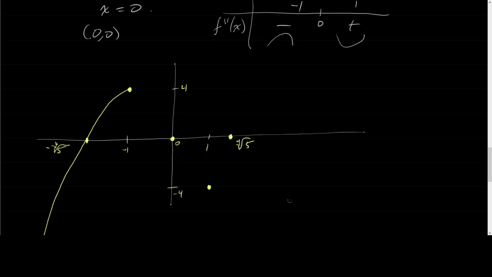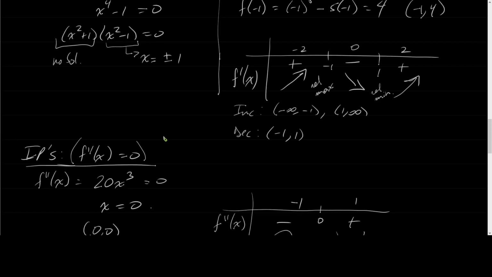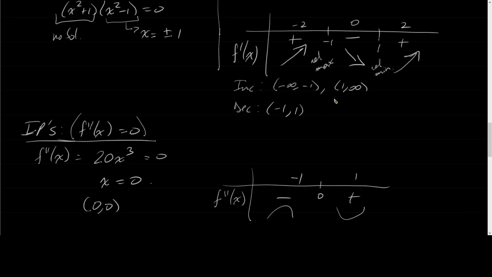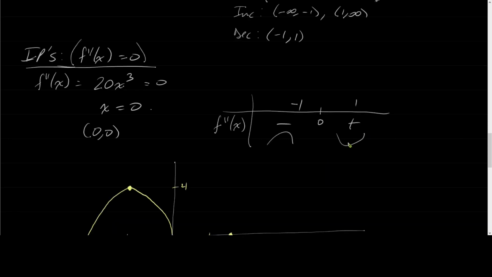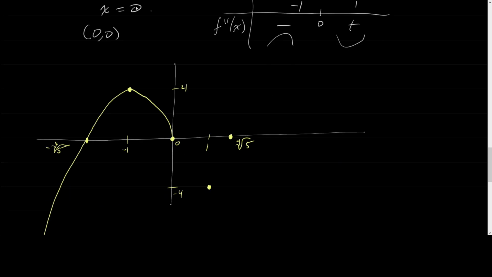So in here, we're decreasing, concave downwards, essentially something like that. Up until 1, we're still decreasing, but now that we're above 0, we have a positive concavity. So we're still decreasing, but with a positive concavity. That looks like this.